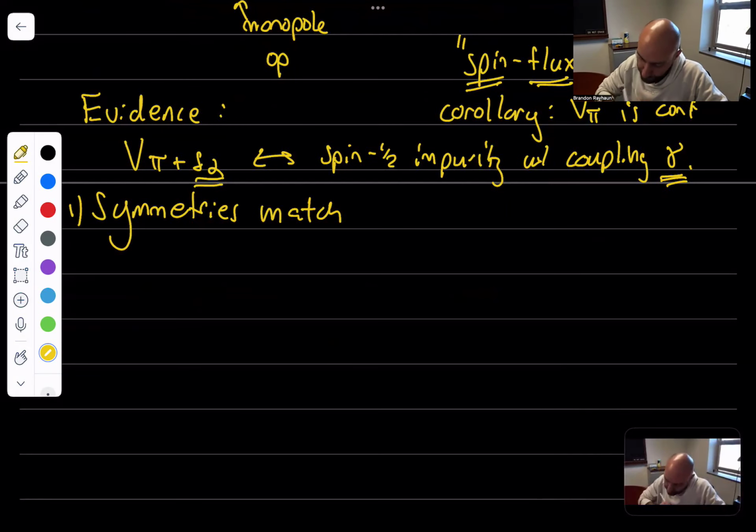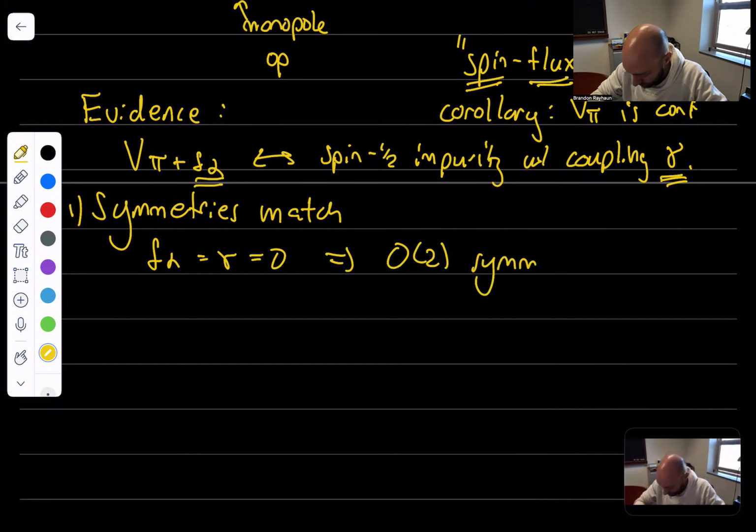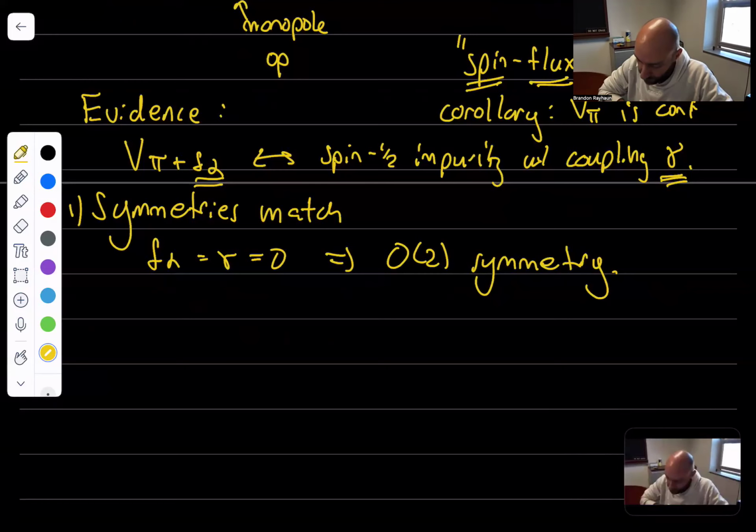When delta alpha and gamma are both turned off, we have an O2 symmetry that's preserved on both sides. That's the U1 magnetic symmetry I was telling you about earlier on the abelian Higgs side, plus charge conjugation.